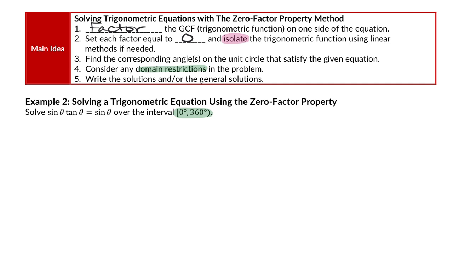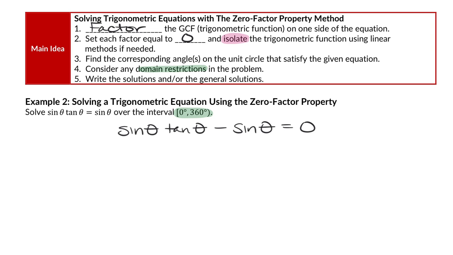So first things first, when we're trying to factor using a quadratic, we always set the quadratic equal to 0. So if I have sine of theta times tangent of theta, I'm going to move that sine of theta to the other side of the equal sign so that everything is on one side and it's set equal to 0.